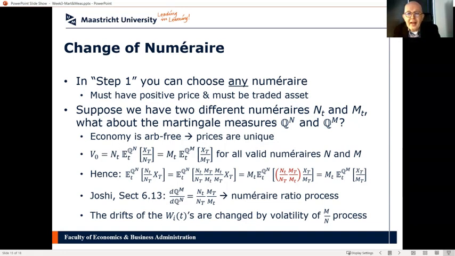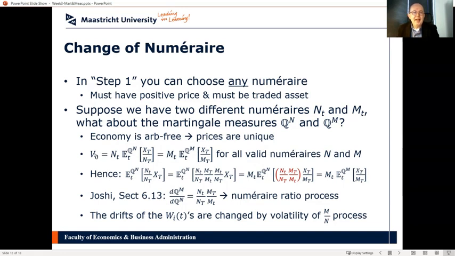Because when there exists a martingale measure, I know that the economy is arbitrage free, and that means that prices for derivatives are unique. They should not depend on the choice of numeraire. So therefore, I can express the same value V sub t.